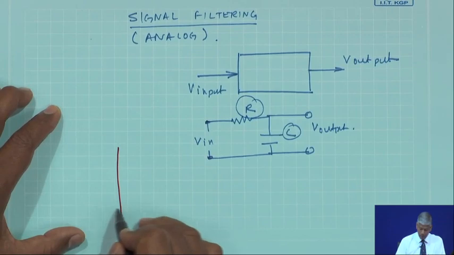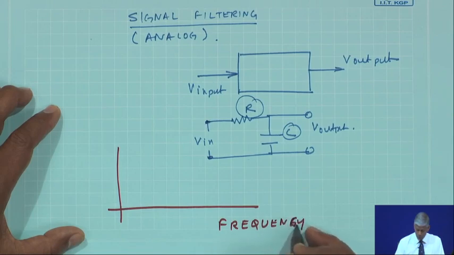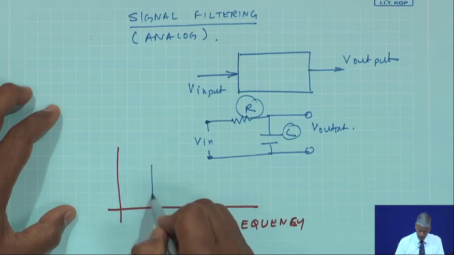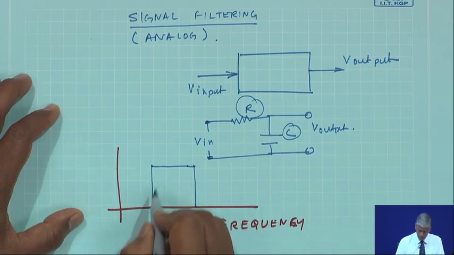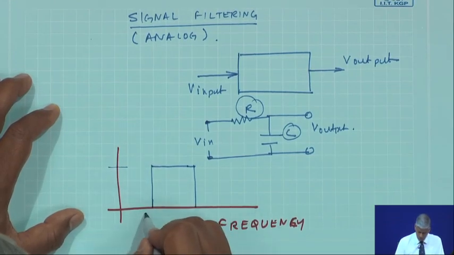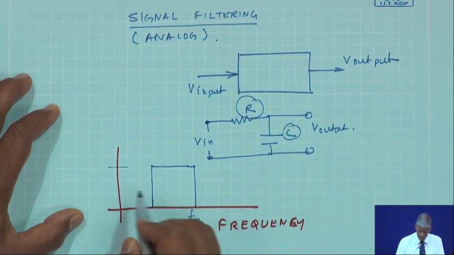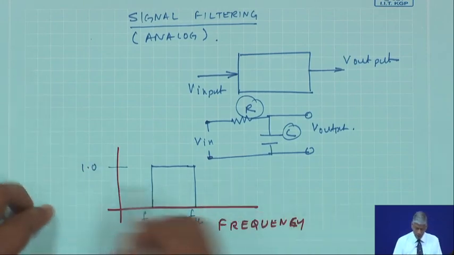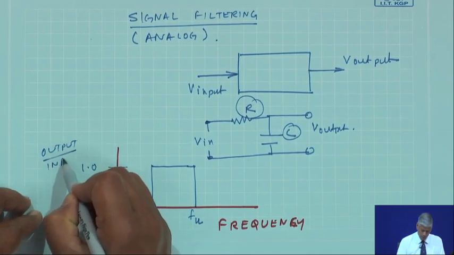But you will see that for any device, a signal has a frequency. So, if I design an ideal filter, it means some f lower, f upper, and this would be 1. This means output by input.